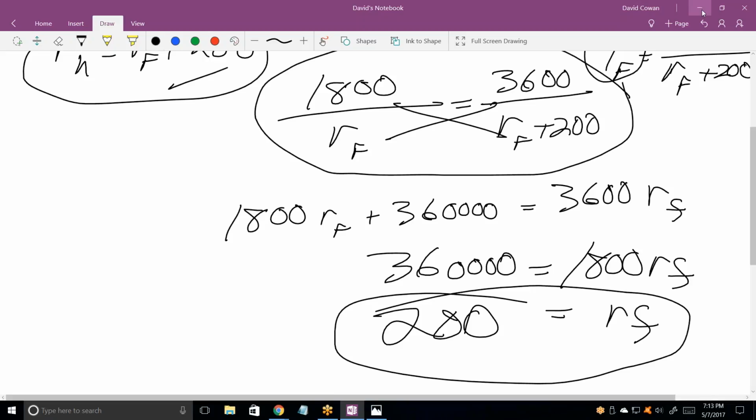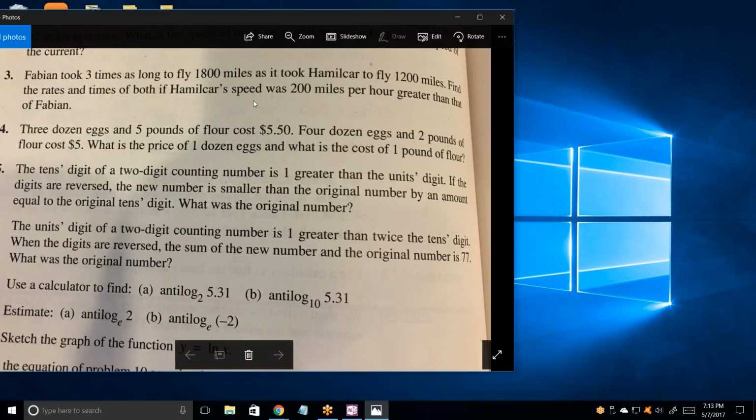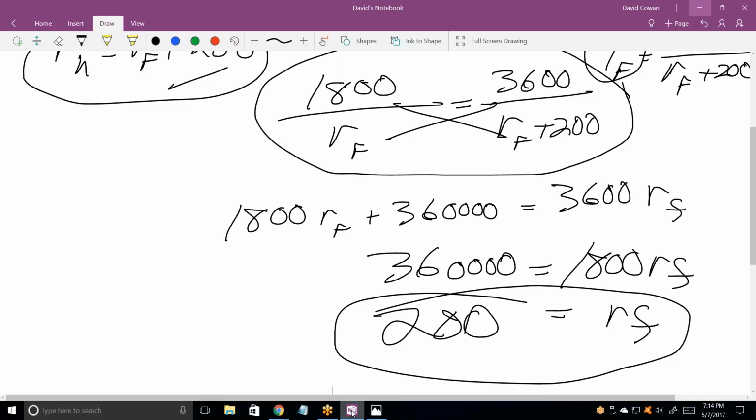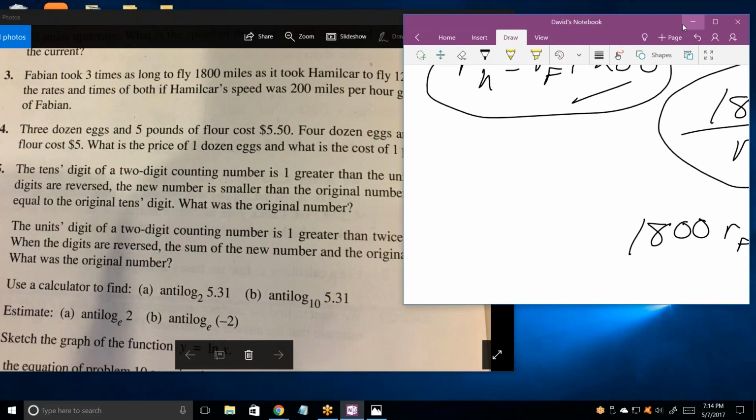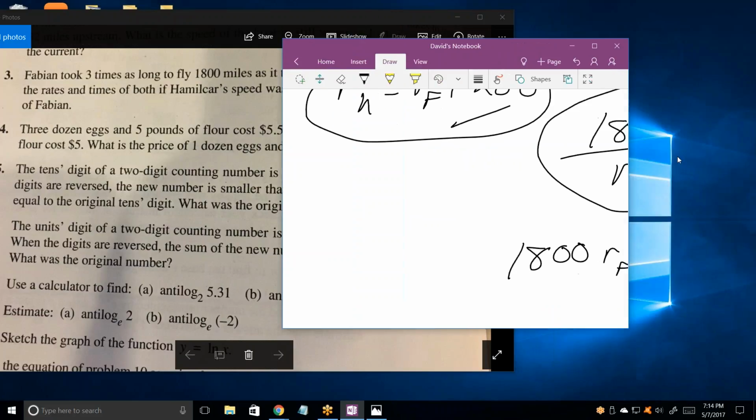Now, let's look at exactly what they wanted. Find the rates and times. In other words, you always want to check your answer. Does that answer make any sense? Well, what did I come up with?